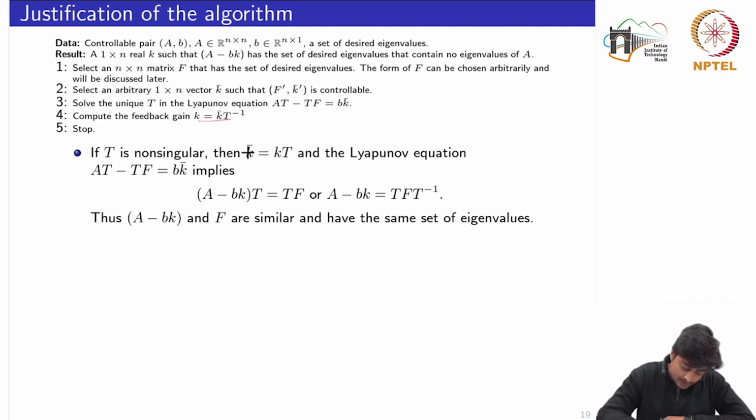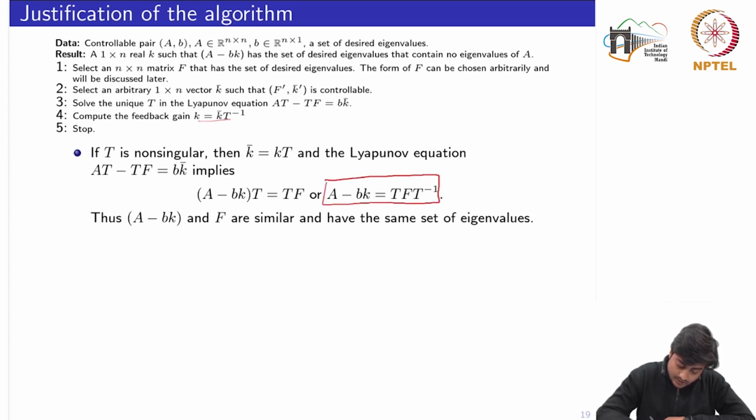For example, if I put k bar is equal to kT here and take it on the left hand side, I would have A times T minus B k times T, and after taking the T matrix common, the rest of the thing is A minus Bk, and we take this part onto the right hand side, so it would give me TF. Now again taking this T matrix onto the right hand side, I would have A minus Bk is equal to T F T inverse.